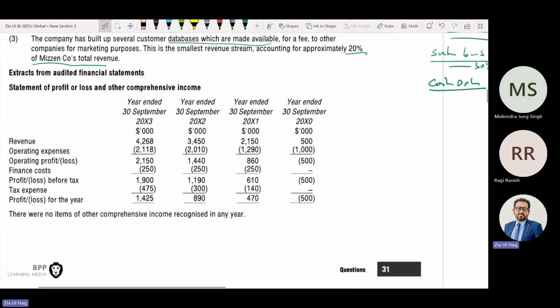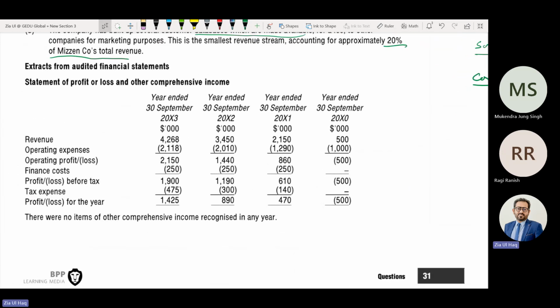Extract from audited financial statements. They have provided audited financial statements for the company for year 20x0, 1, 2, and 3. If you look at the revenue, increase, huge increase and increase. But the amount increase will not provide in-depth analysis.